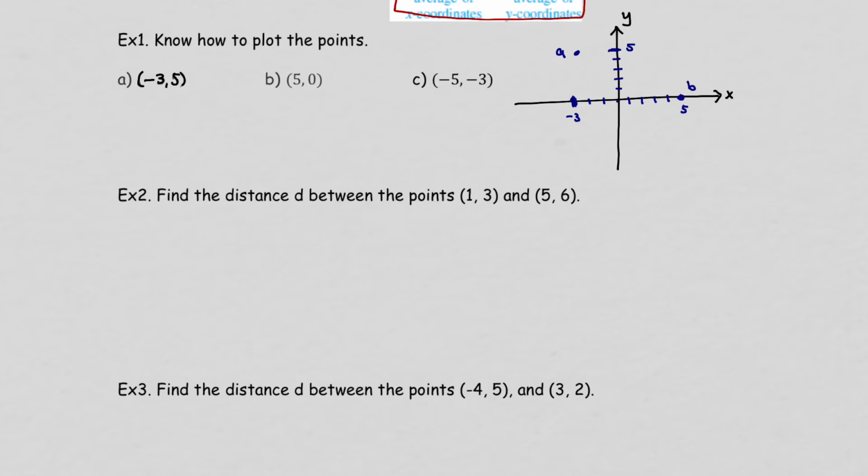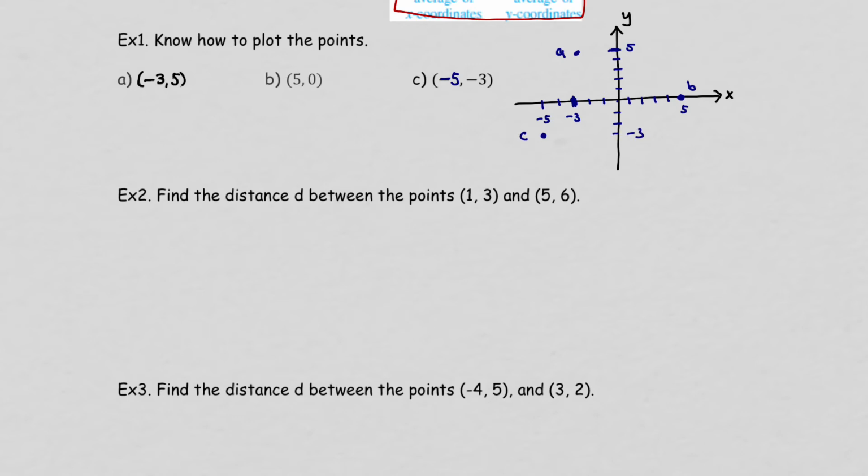C is saying -5 and -3. So the first number is always moving in the side directions. If it's negative, left; positive, on the right, right? So -5, then going down 3 from -5, right? So it will be this point right there.